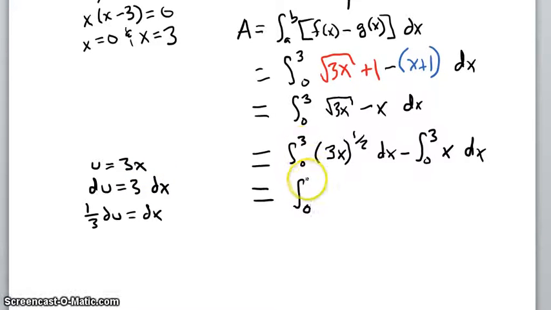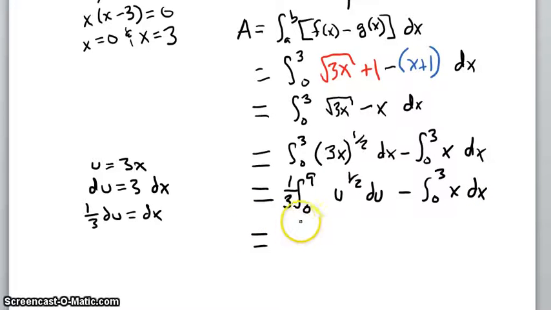And then when I put 3 into x, I get 9, 3 times 3. And then 3x is equal to u to the 1/2, and then dx is equal to 1/3, which I'm going to put on the outside of my integral, times du, minus the integral from 0 to 3 of x dx.